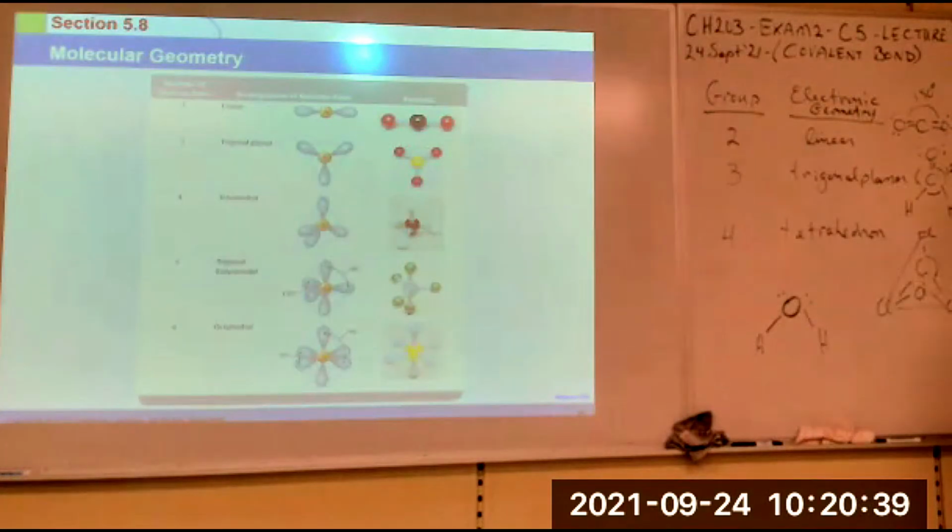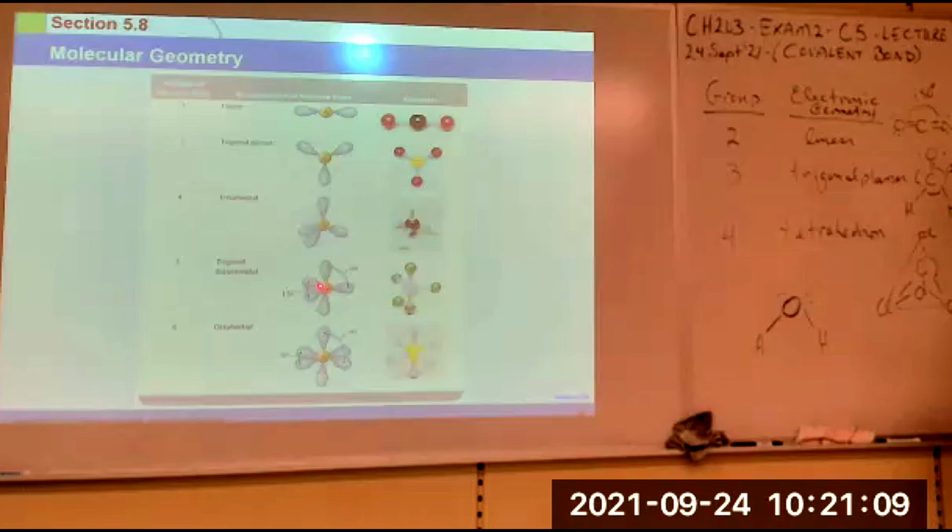Okay, I pulled these out, they are not in your textbook. So if you have a linear arrangement around that central atom, if you have 2 groups, it's linear. There's your trigonal planar with 3, tetrahedral with 4. If you have 5, then the best arrangement is trigonal bipyramidal, which means that you've got a trigonal base pyramid, which is basically a tetrahedron.